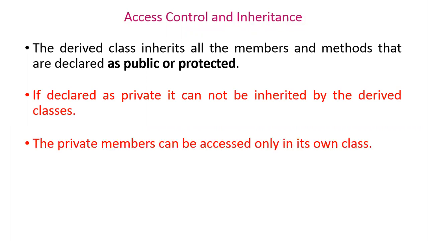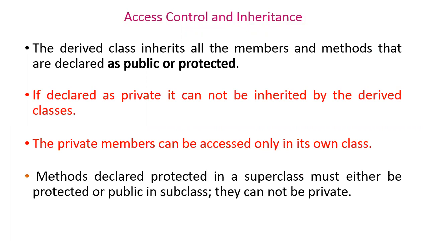Private members can be accessed only in their own class, and if we are inheriting a method or member which is declared as protected, then in the child class we have to keep it as protected or public; we cannot make it private. These are the few things we have to take care of while using inheritance and access control. So let's summarize this.